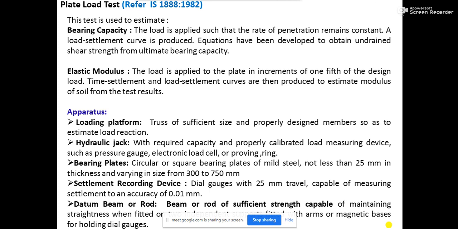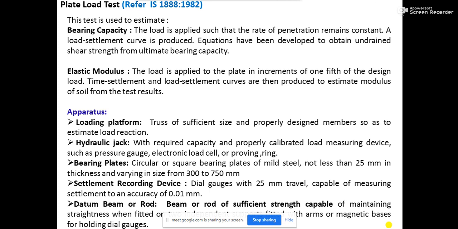If you remember our initial bearing capacity discussion, where we discussed different types of shear failure in soil, that is general shear failure, local shear failure, punching shear failure, those curves from where we decided on general shear, local shear or punching shear are basically the load settlement curve. Along the x axis you plot the load, and along the y axis the settlement.